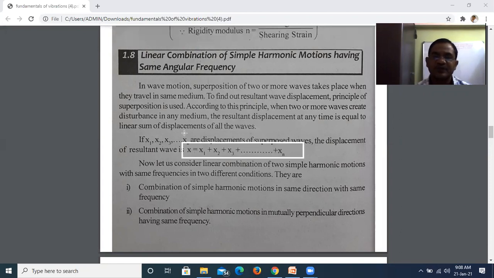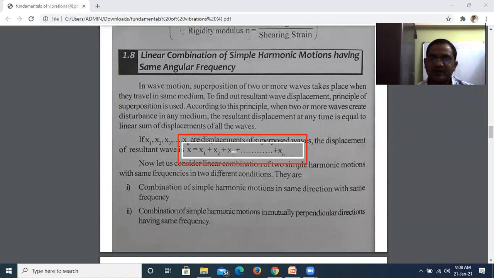When more than two simple harmonic motions or waves traveling in the same direction are superimposed, that is, combine with each other, then the displacement of the resultant wave is given by the vector sum of their individual displacements, x1 bar plus x2 bar plus x3 bar and so on.